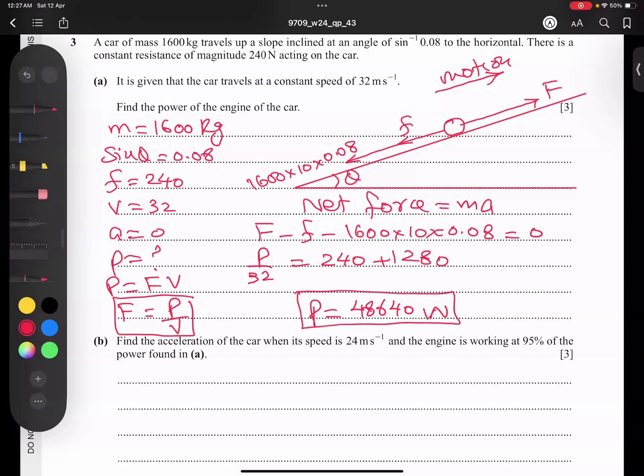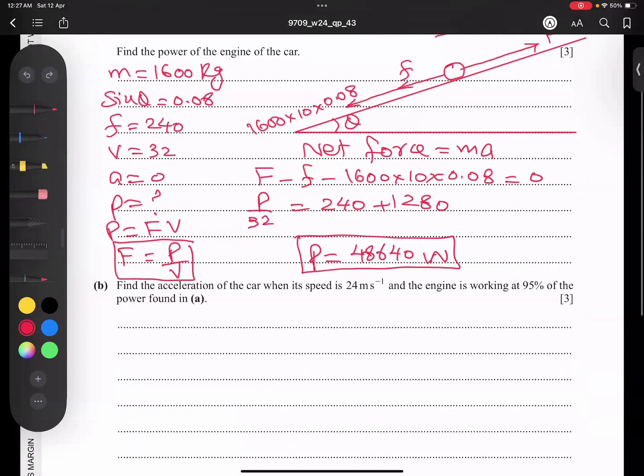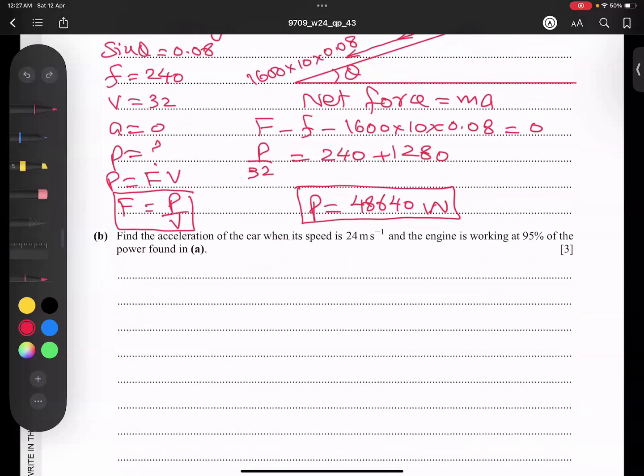Okay, second part, he said find the acceleration of the car when speed is 24 and the engine is working with 95% of the power found in the previous part. So it means this I will consider as 100%. So I'm writing here percentage and here power. 100% is equal to 48640, and I want to find 95% equals how much power?